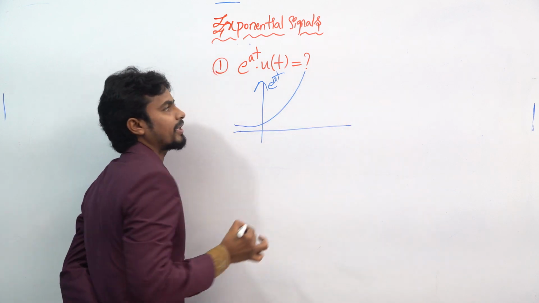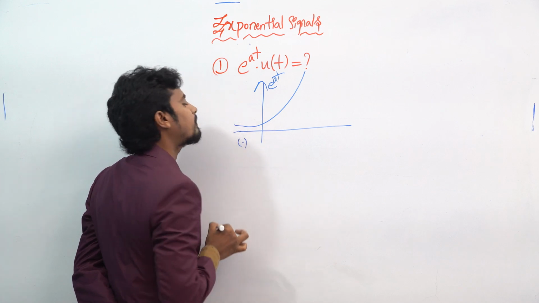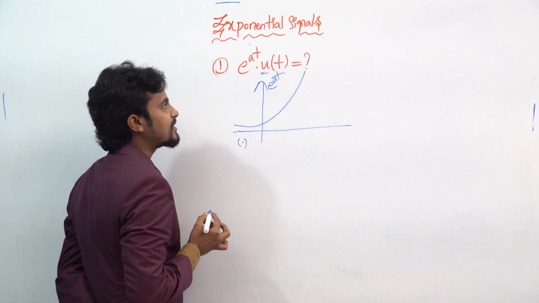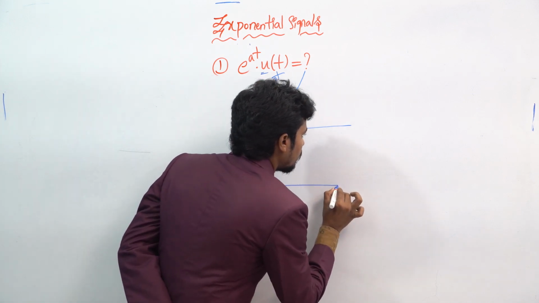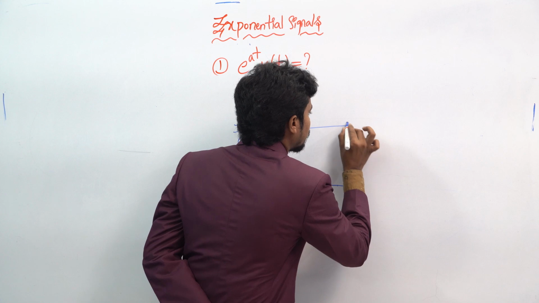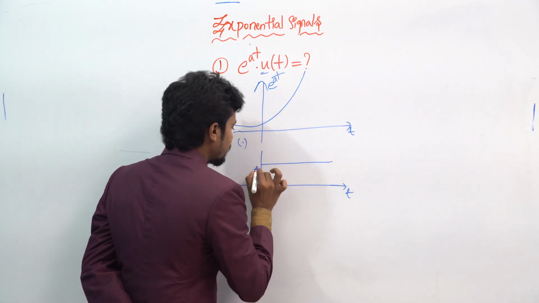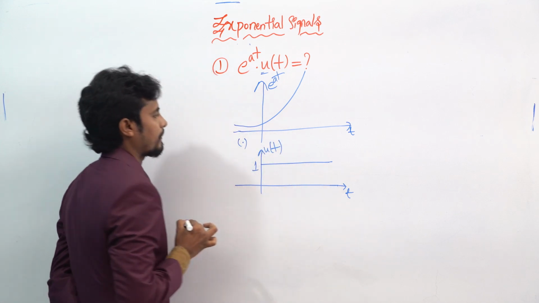The plot will be like this. What you have to do, you have to multiply it with u of t. What will be the signal for the u of t? The plot will be like this. This will be the time period t, and the magnitude will be 1. This will be said to be the u of t.